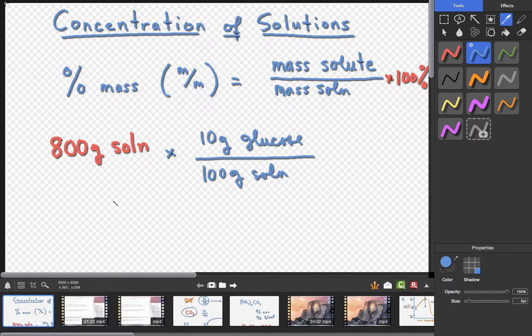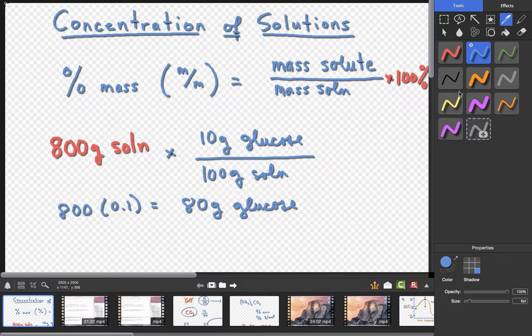Essentially, I'm going to multiply 800 by 0.1, which means I will have 80 grams of glucose.